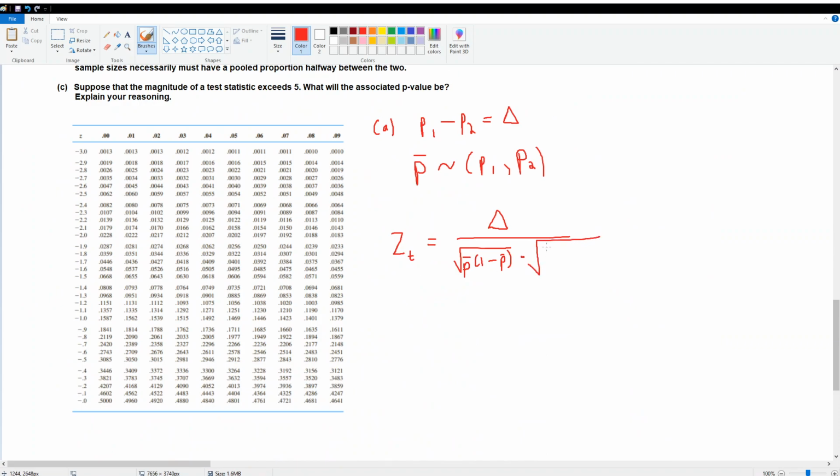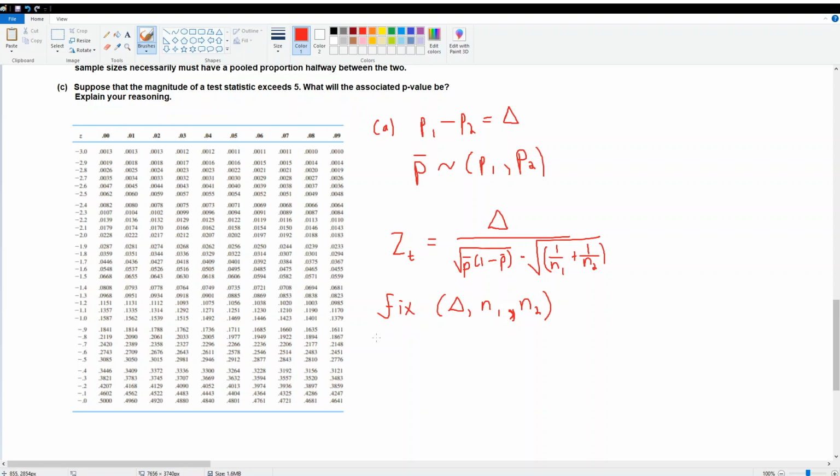So times the square root of 1 over n1 plus 1 over n2. So what we're going to do is fix our delta, our n1, and n2. Doesn't matter what. You can throw values in it. Just fix them to something.